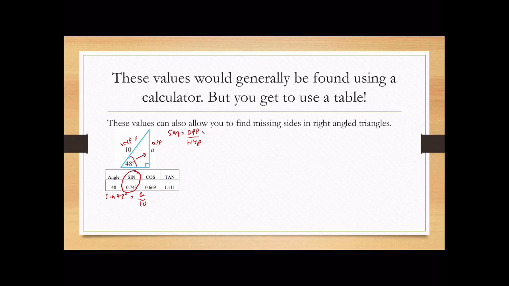So sine 48 is A over 10. Now sine 48 is actually just a number. Not a nice number, but a number. So sine 48 is 0.743, which is equal to A over 10. Multiply both sides by 10, A is 7.43. So we get an actual value for that missing side.